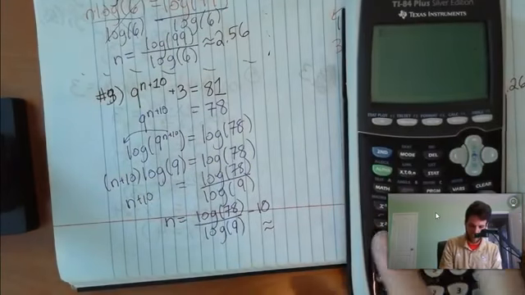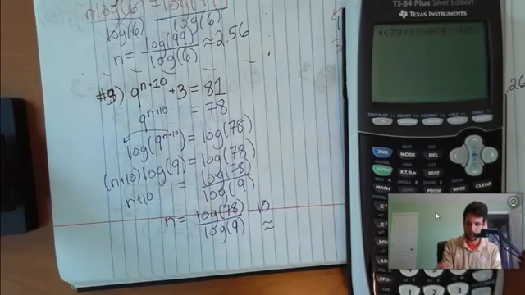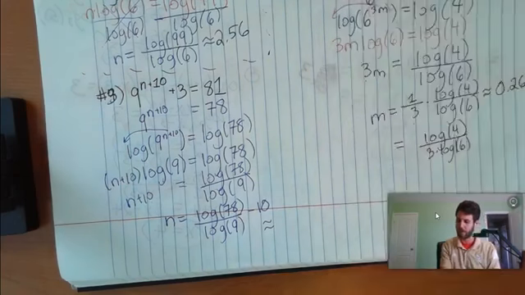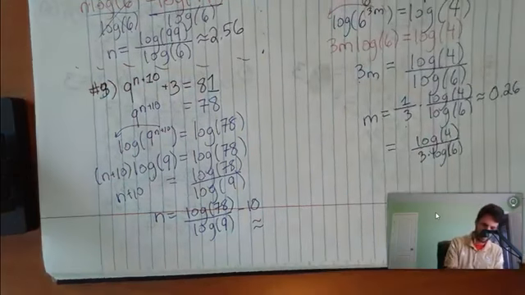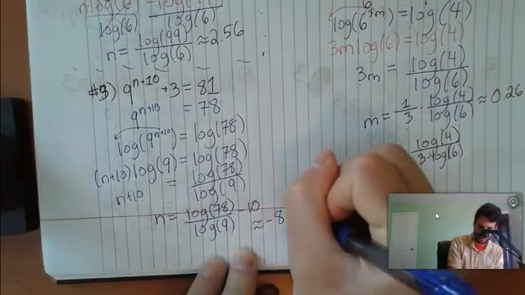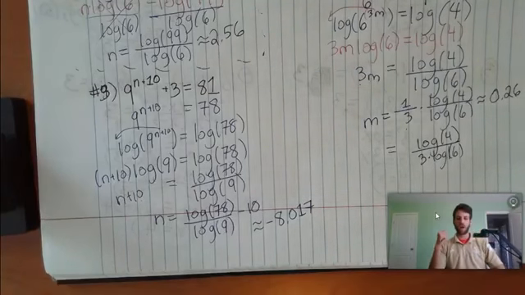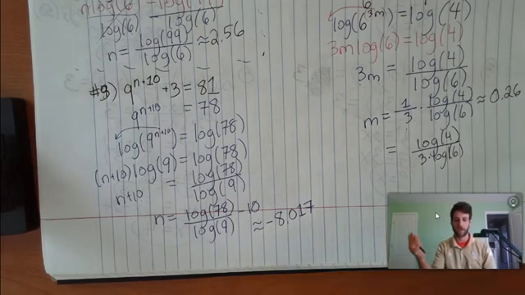If we did the log of 78 divided by the log of 9 and then subtracted 10, we would get negative 8.017.